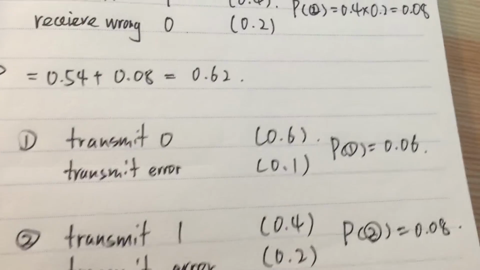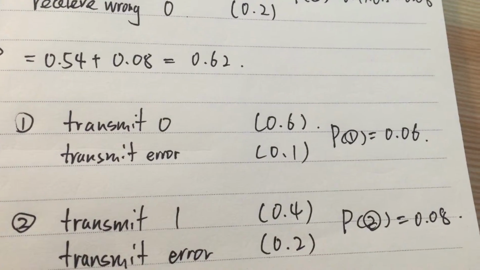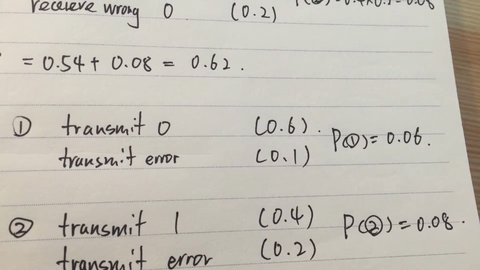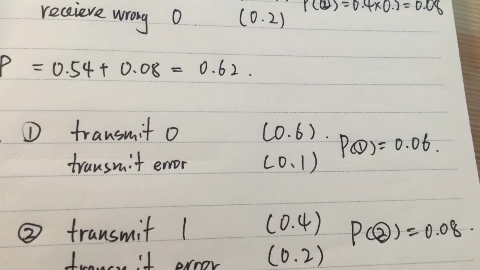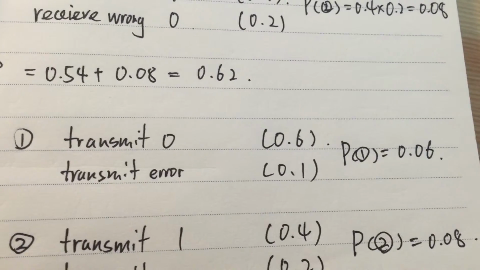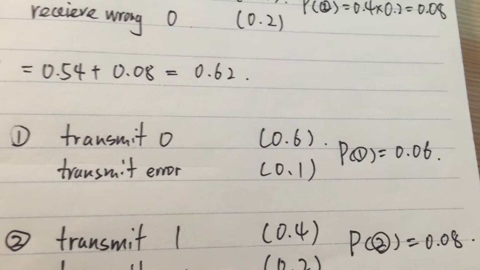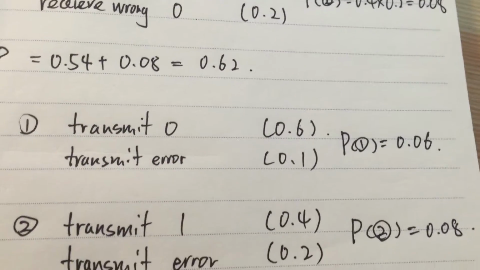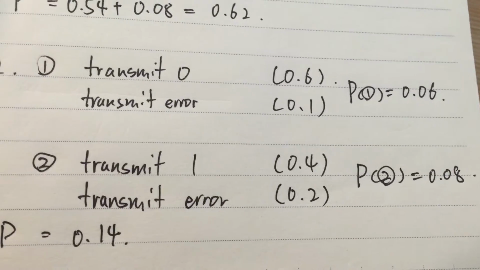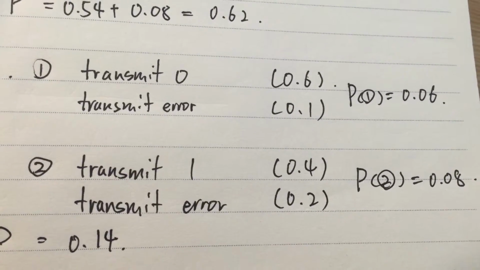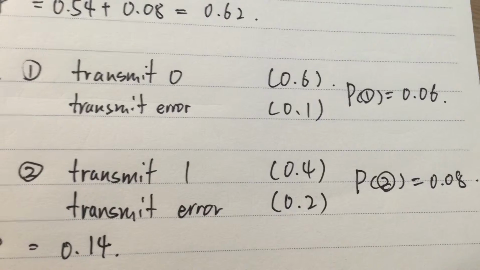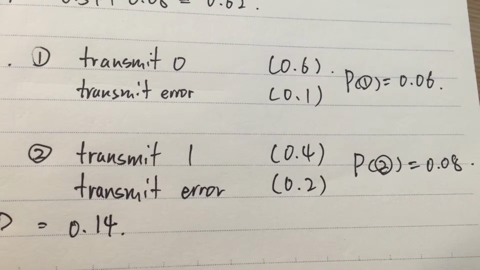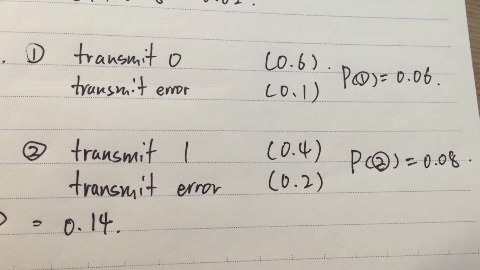So the first way is we want to transmit 0. The probability is 0.6, but we transmit in error. The probability is 0.1. So the probability of the first way is 0.06. Similarly, we want to transmit 1. The probability is 0.4, but we transmit wrongly.